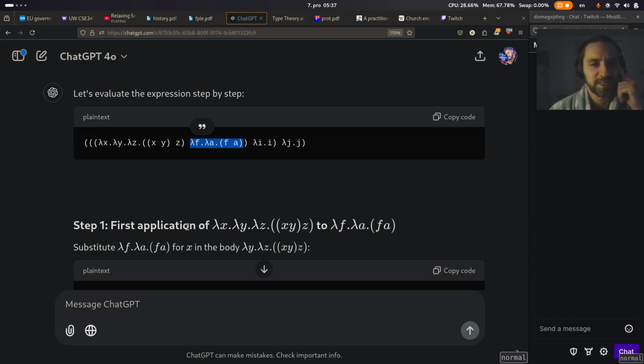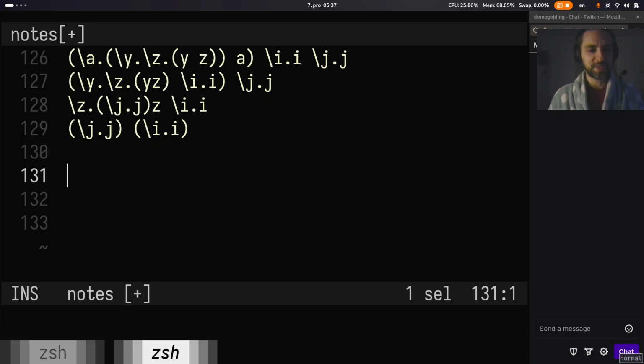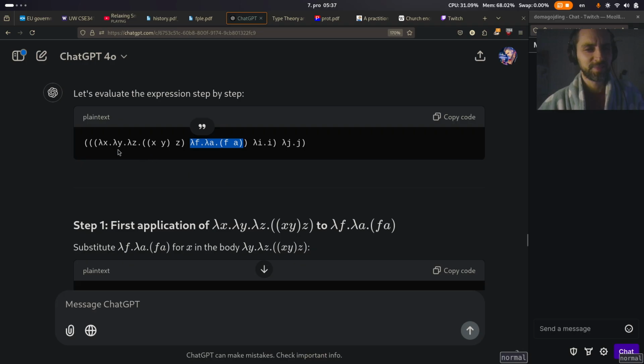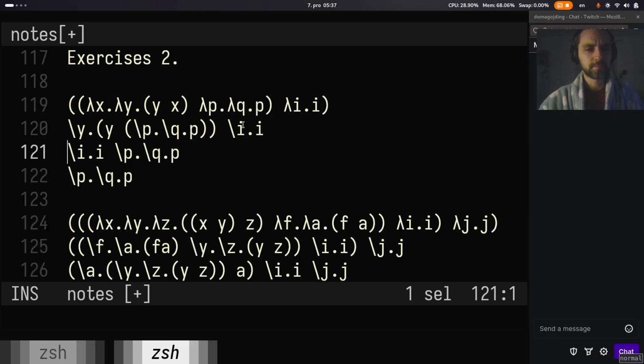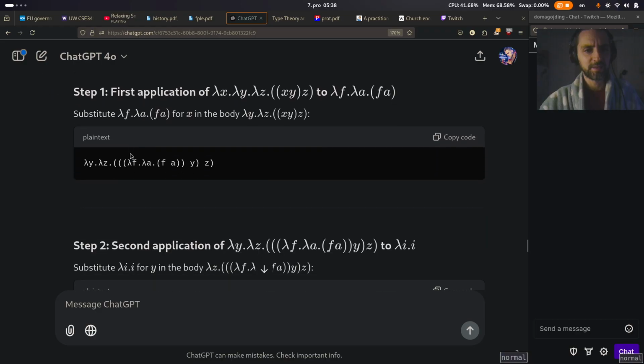Let's evaluate step by step again. Oh gosh, this one is kind of... But these things are important. These things are important. Trying to motivate. Lambda x dot lambda y lambda z. Yeah, we substituted this for lambda x. We get lambda f, lambda a, fa.